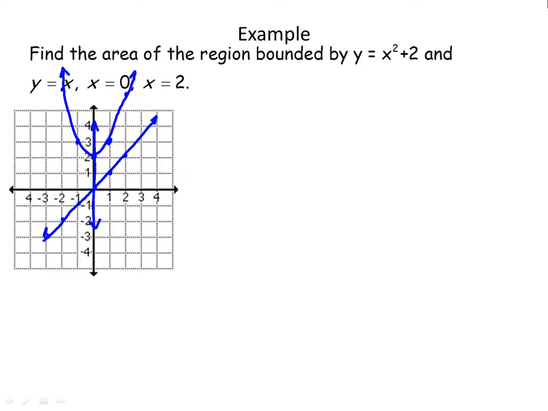And you have x equals 2, which is going to be a vertical line going through the x-axis at 2. So, what region am I talking about? Well, I'm talking about this region right here. I want to find the area of this stuff right here.